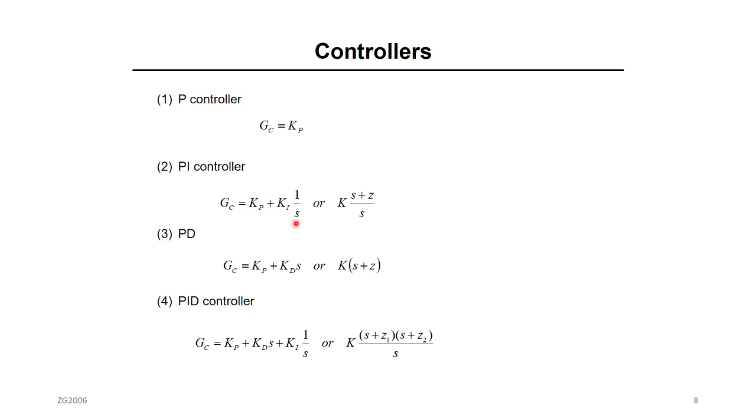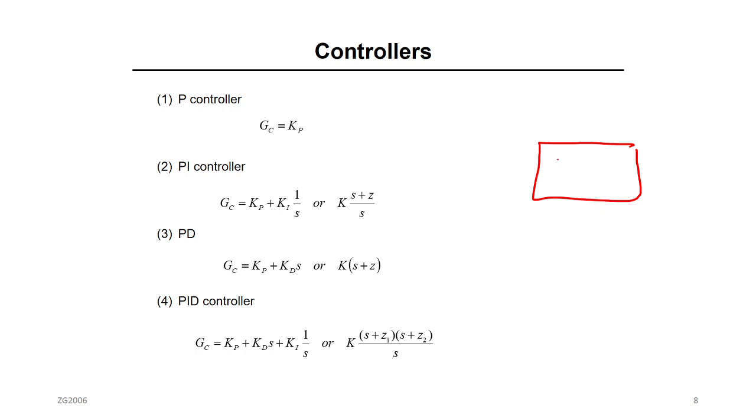So proportional plus integrator with some kind of gain. Usually in the field, in the lab, you will have separate gains: one gain for the proportional controller and one separate gain for the integrator. Okay? This is what you see in the lab. The controller in the lab usually is a board like this one.